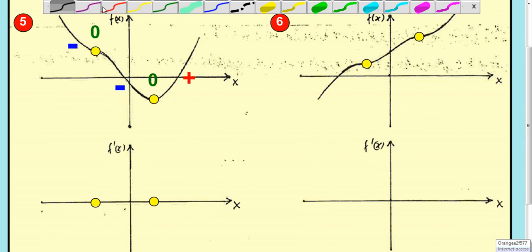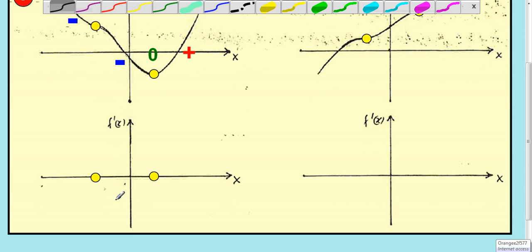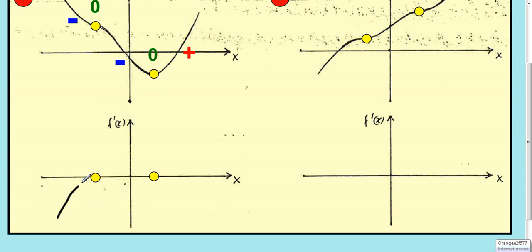So when we're sketching this one, we have to start below, and then after the stationary point we're still negative, so we have to go back below. And we have to come round and meet the other stationary point. And after this one we're going positive, so we go above the x-axis. Again, I'm sure you can draw better graphs than this, but I am using the mouse.